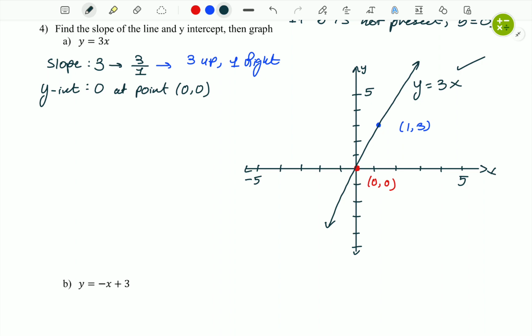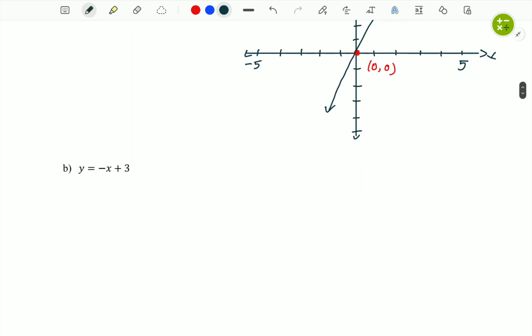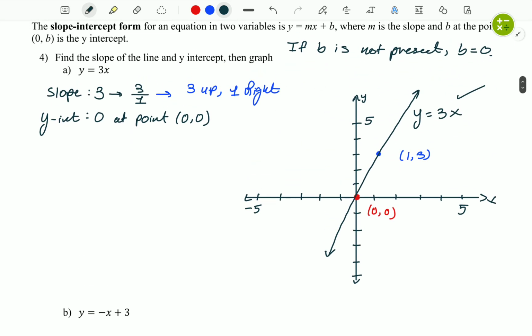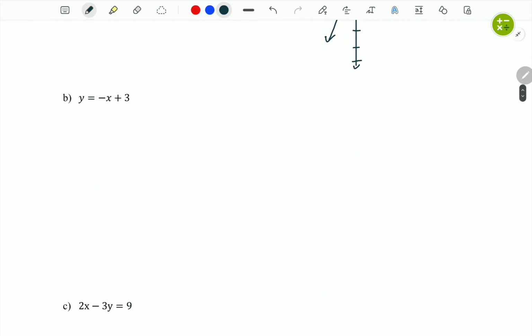All right, 4b, same thing. Well, let's first make sure you understand 4a. Let's write this x better. That's an x. 4b, y equals negative x plus 3.